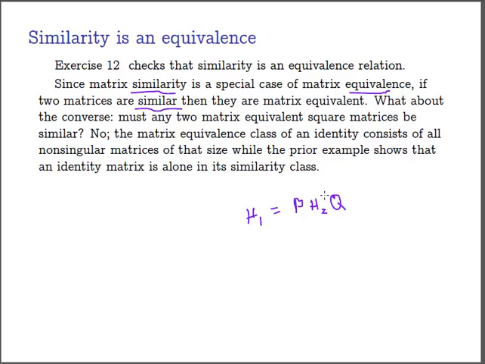Okay, so if in fact I choose Q to be P inverse, then I have that H1 is similar to H2. So that's why similarity is a special case of equivalence. But it's not necessarily true that if two matrices are equivalent, then they're similar. Okay, you can think about that.